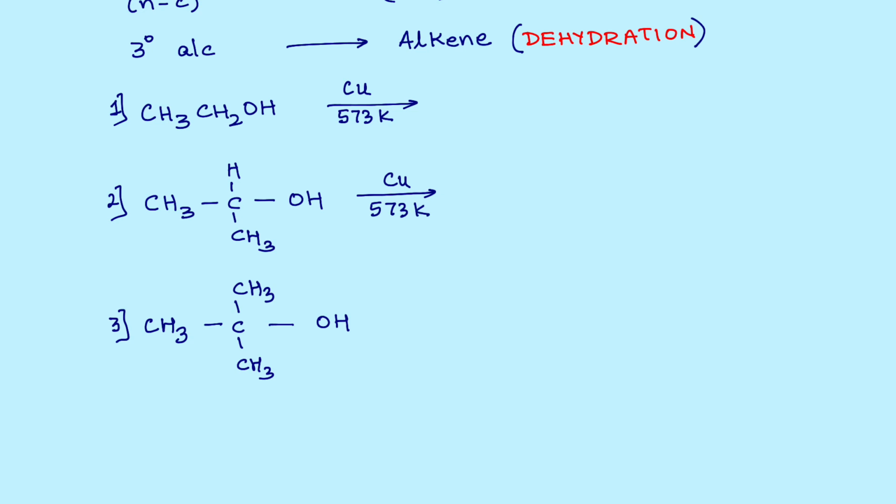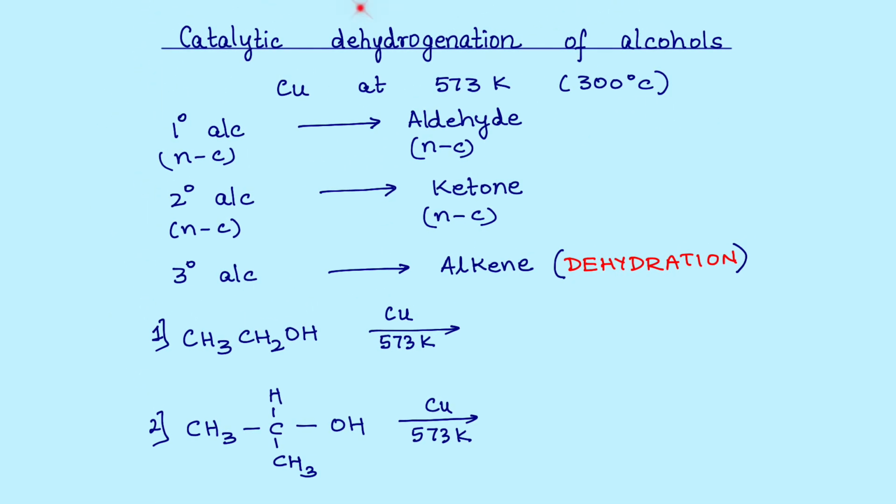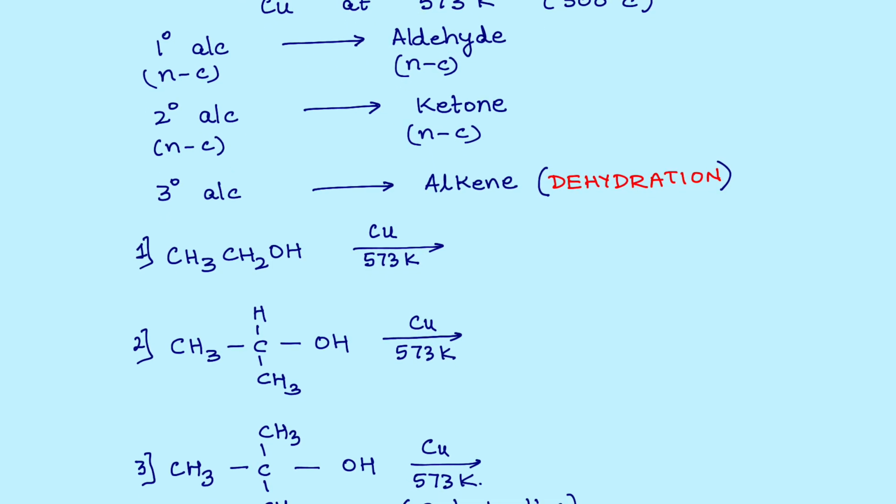So basically, we are treating it with copper at 573 Kelvin. Remember that in the case of tertiary alcohols, there will be dehydration and not just dehydrogenation. Right? This word is different from this one. Go ahead and after writing the answers, make sure that you check them at Pen and Paper Chemistry on Google Sites.